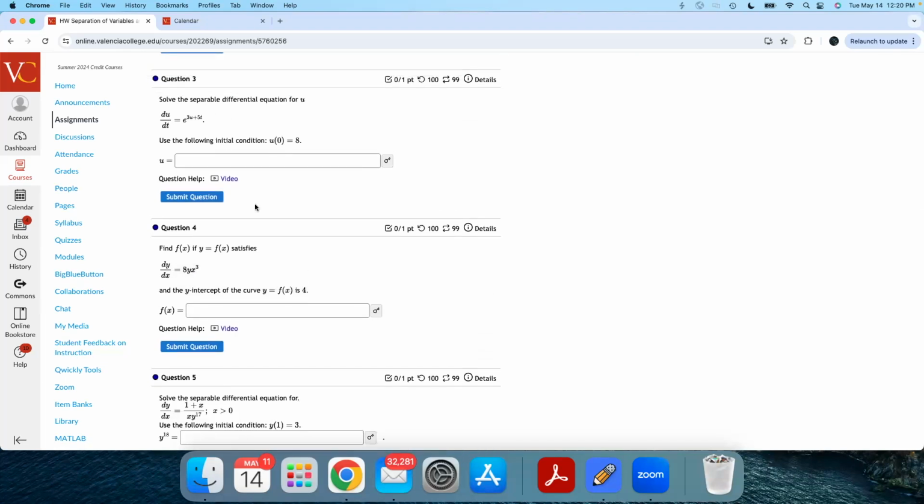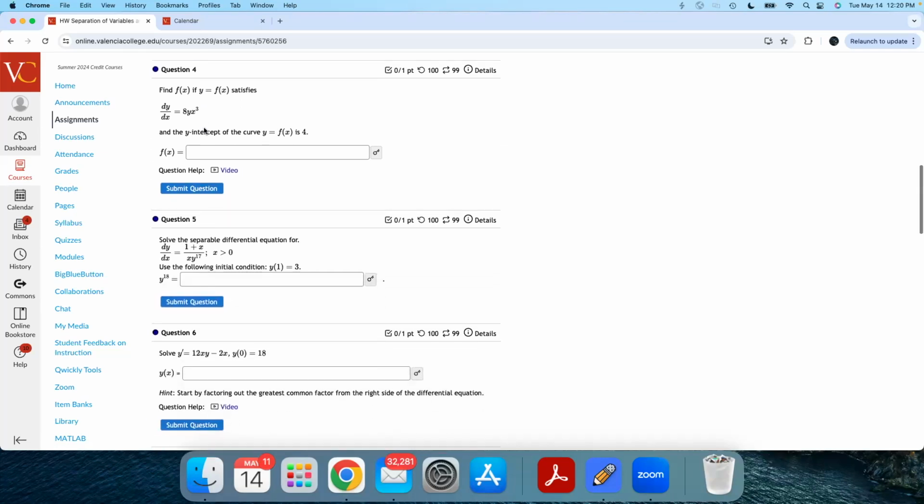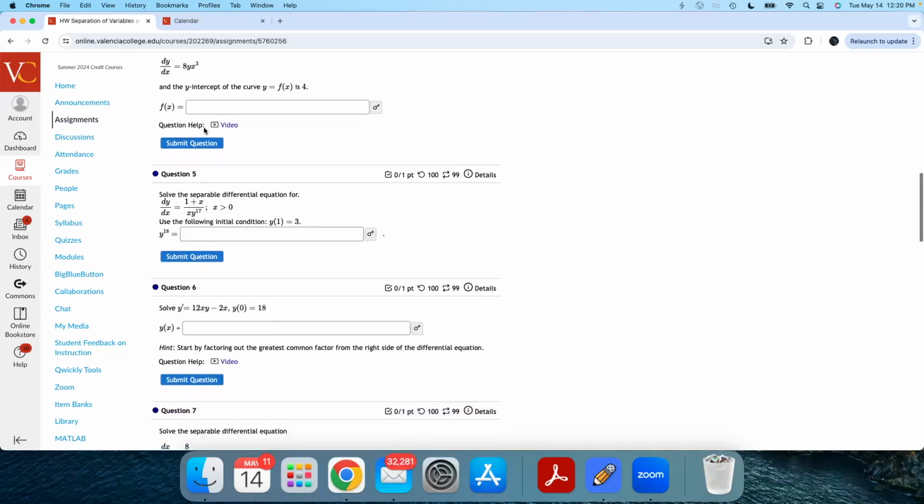Separable DE, like a lot of these, have videos. You're going to play a similar game to what I was talking about with the rules of exponents here. You're going to split this up as e to the 3u times e to the 5t. Then you can separate your variables. Be careful in some of these questions because they ask for the answer in a different way.